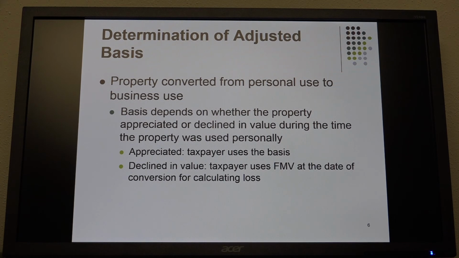But just for the record, if it's appreciated in value, the taxpayer uses the basis of the property, what the taxpayer originally bought it for. If it has declined in value, the taxpayer uses the fair market value on the date of conversion from personal use property to business use property for determining loss.